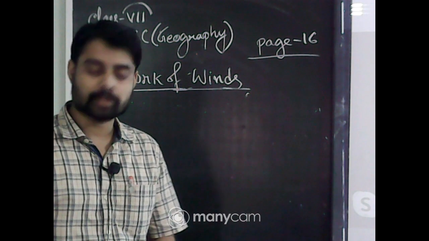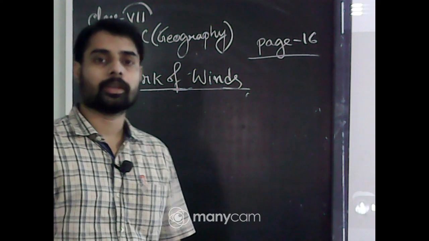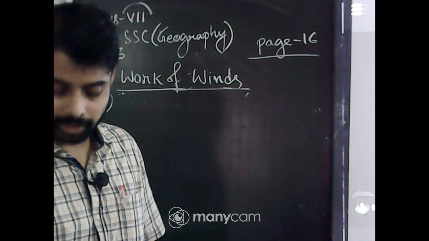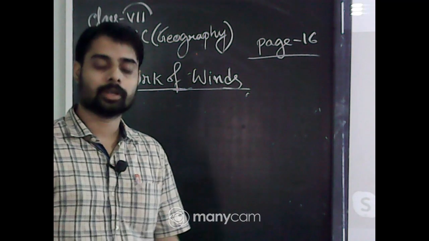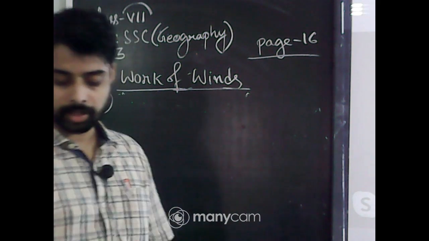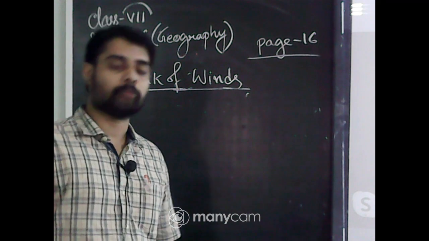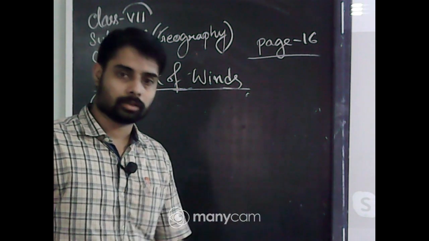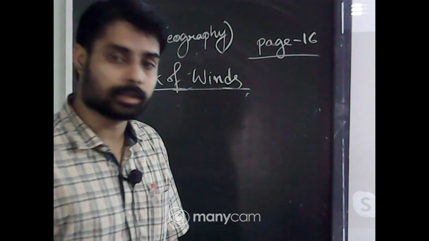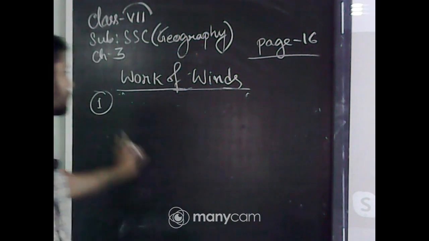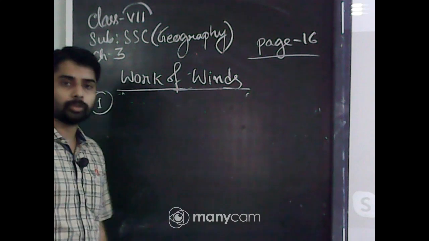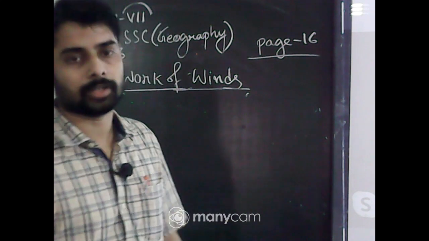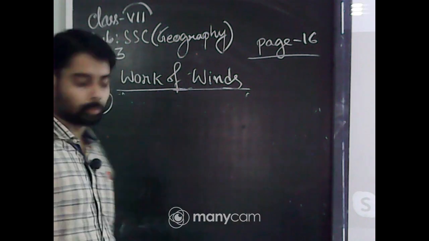Wind is an active agent of erosion and deposition, and mostly the erosion and deposition happen in the desert area, where wind works and creates some beautiful and peculiar structures on the deserts. So this is the work of winds.